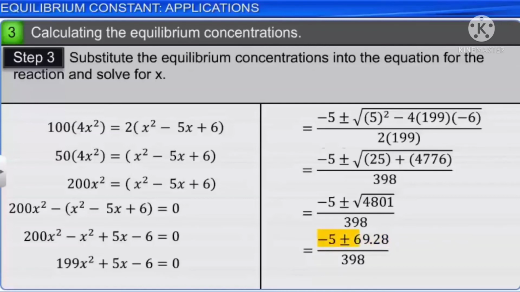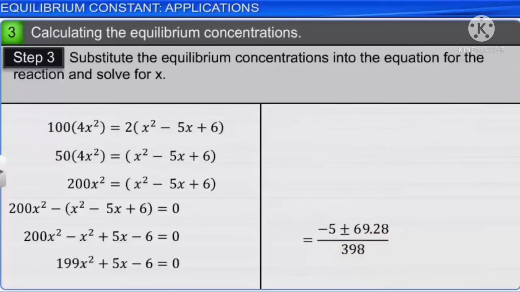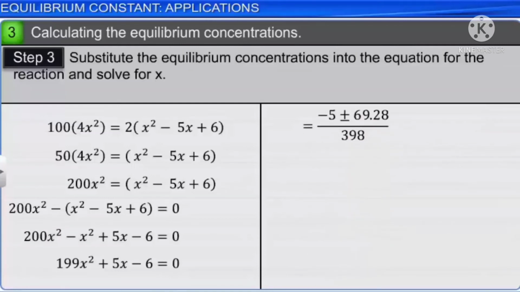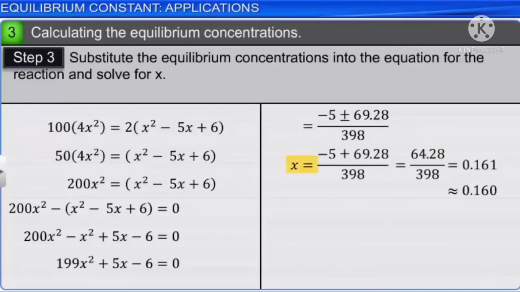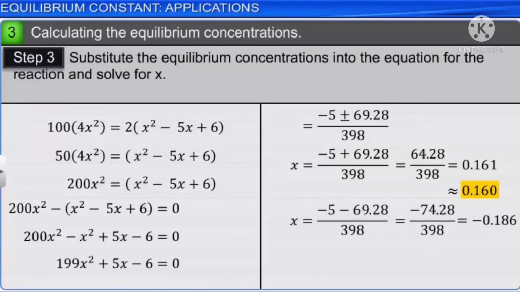This can be written in two forms. One form is x is equal to minus 5 plus 69.28 divided by 398, which is equal to 0.160. The other form is x is equal to minus 5 minus 69.28 divided by 398.